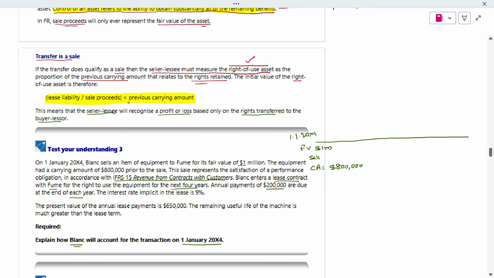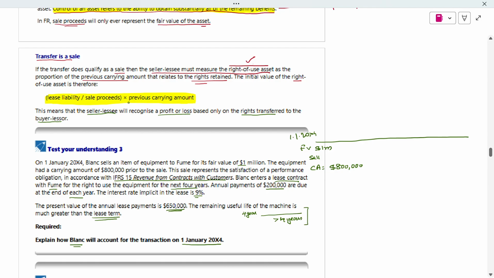The interest rate is 9%. The present value of the lease payments is 650. The remaining useful life is much greater than the lease term, meaning the remaining life is more than 4 years.